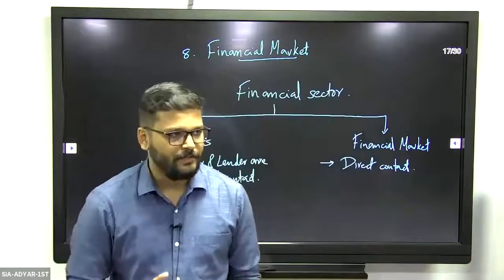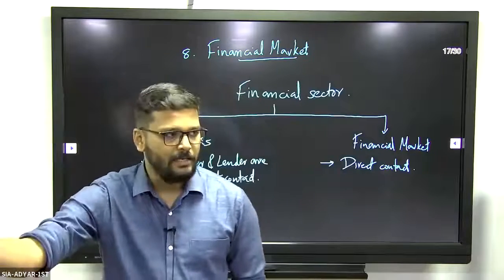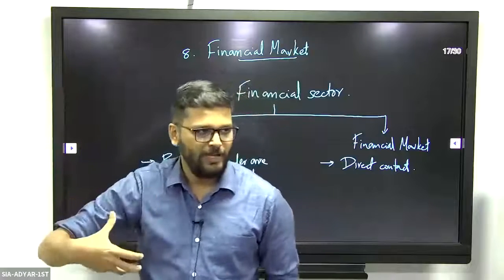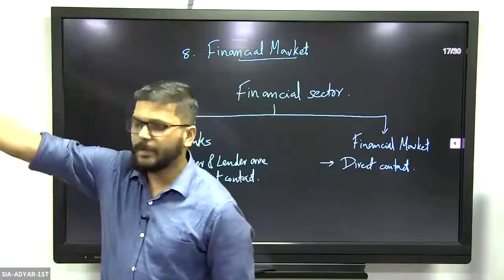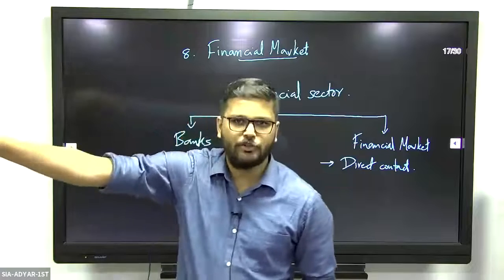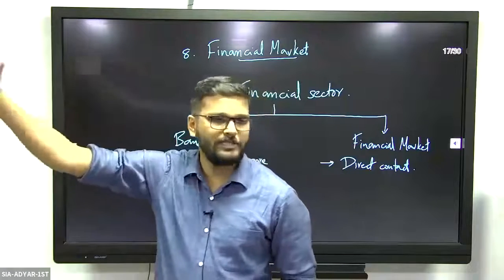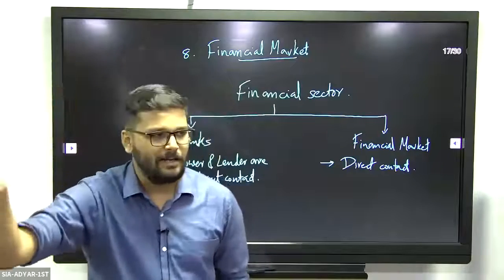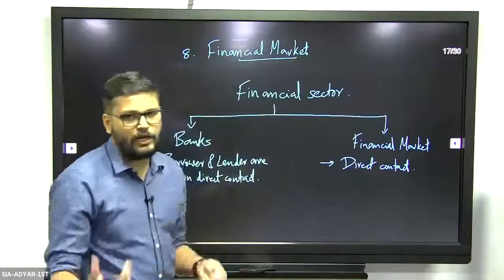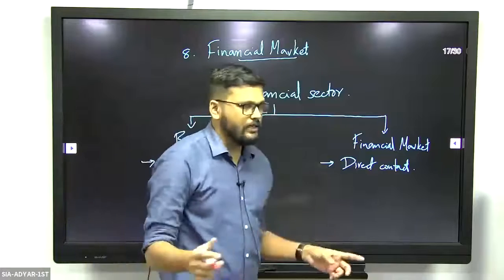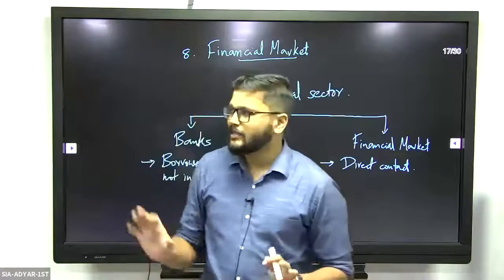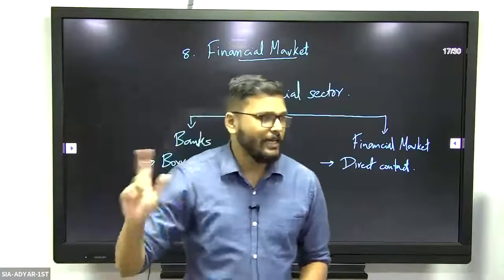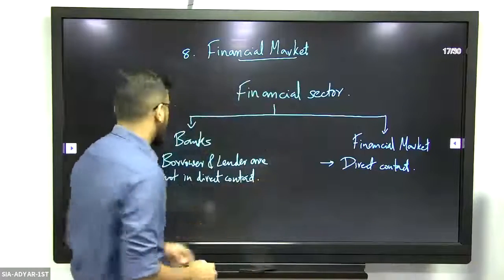In a banking system, you give money to a bank, and the bank gives money to some other person. You are the lender, the one who has extra money. The person who needs money, you don't know who that person is, and that person doesn't know who you are. There is no direct contact between you. The intermediary, the bank, is the one having contact with both of you. Whereas in the financial market, someone says, I need money, you go there and say, you want money, I'll give you money. So there is direct contact between the borrower and lender.